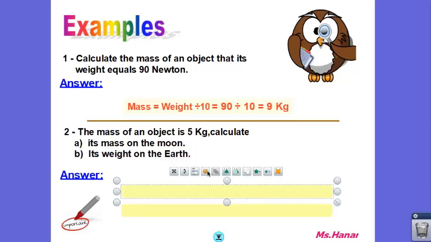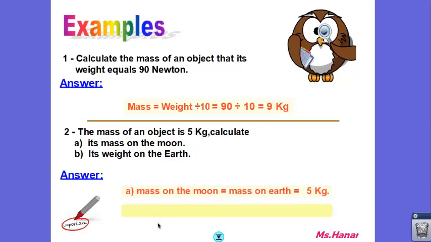This equals 5 kilograms. So mass on the Moon equals 5 kilograms. To calculate weight on Earth, we use this relation. Weight equals mass in kilograms times 10. So weight equals 5 times 10, equals 50 Newton.